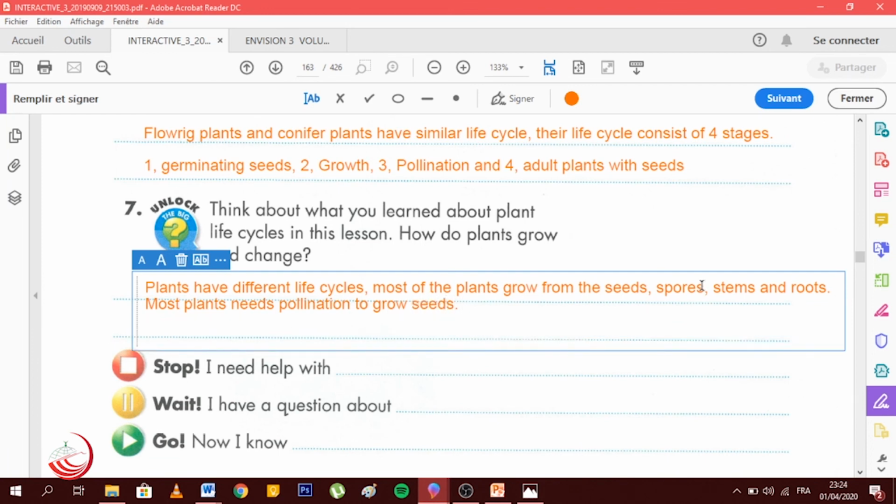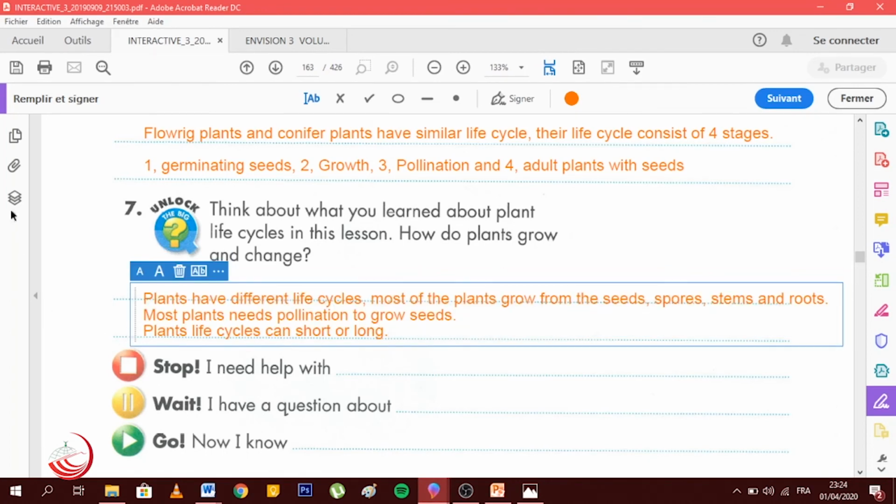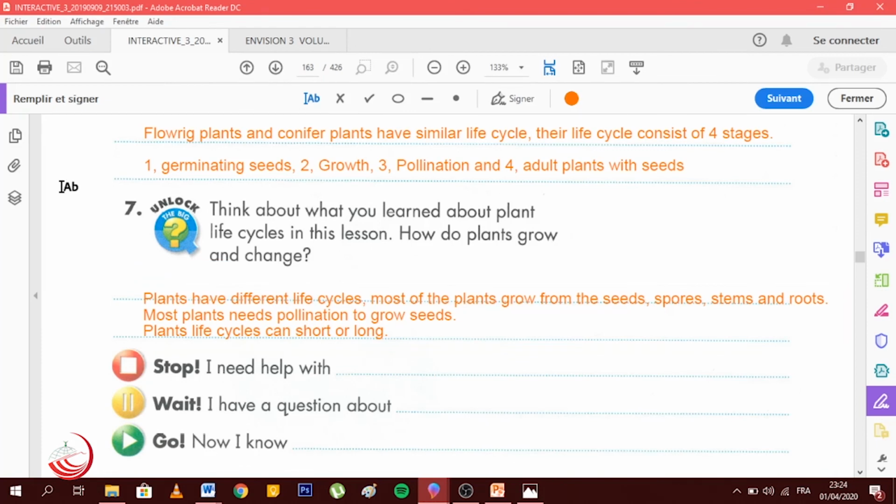Very good. And we can also say that plants' life cycles can be short or long. Alright, you can copy this answer, or if you have a similar answer, just keep it.